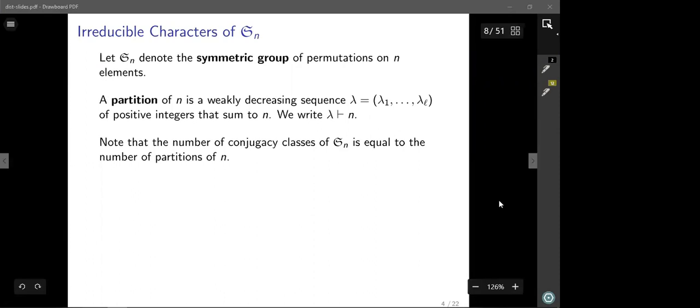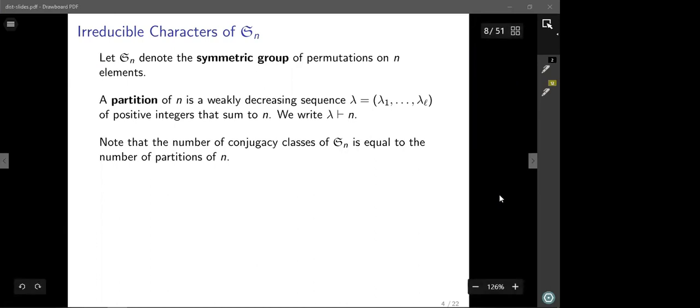And I said earlier, though I didn't prove it, that the number of irreducible representations of a group is equal to the number of conjugacy classes. So with that in mind, you might hope that the irreducible representations of the symmetric group are naturally indexed by partitions.